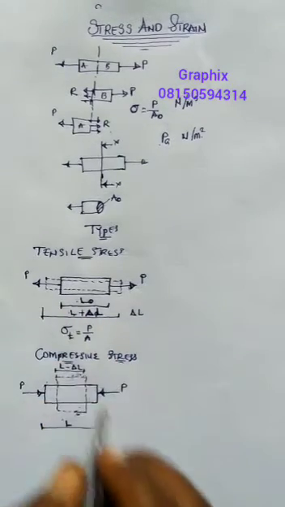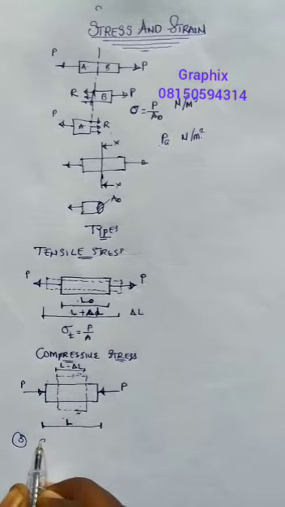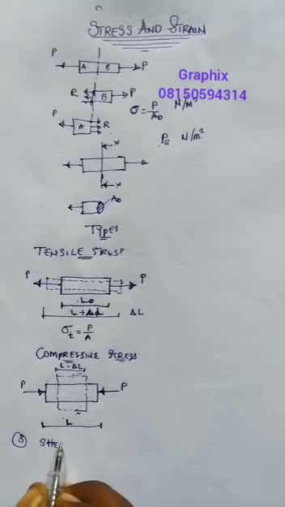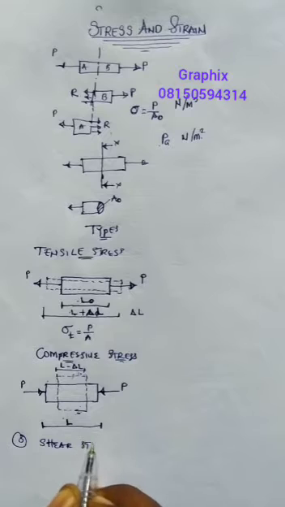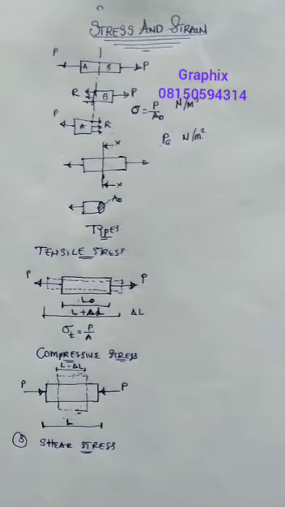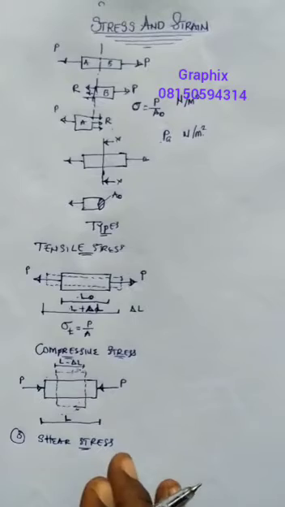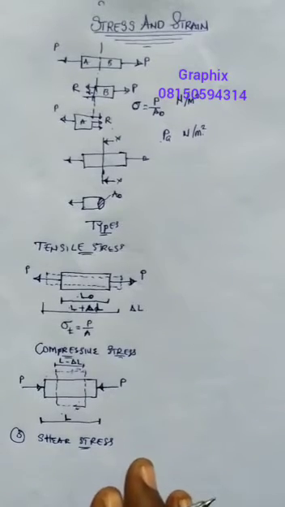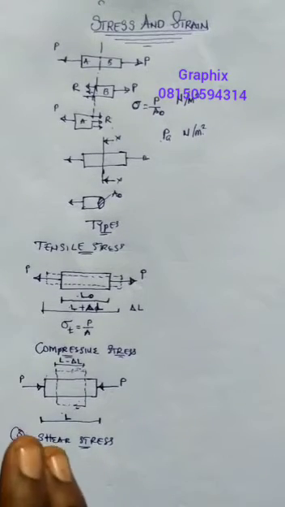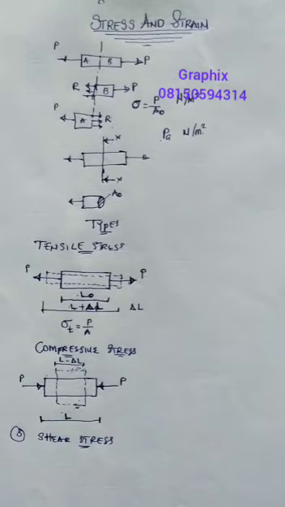Number 3, what we have is what we call shear stress. Now, shear stress on its own is an equal and opposite, parallel force whose lines of action are not the same.